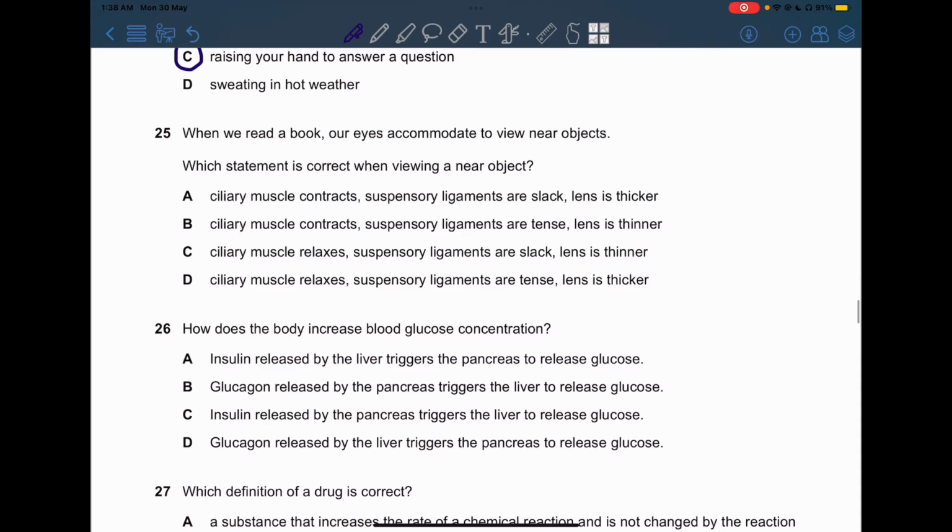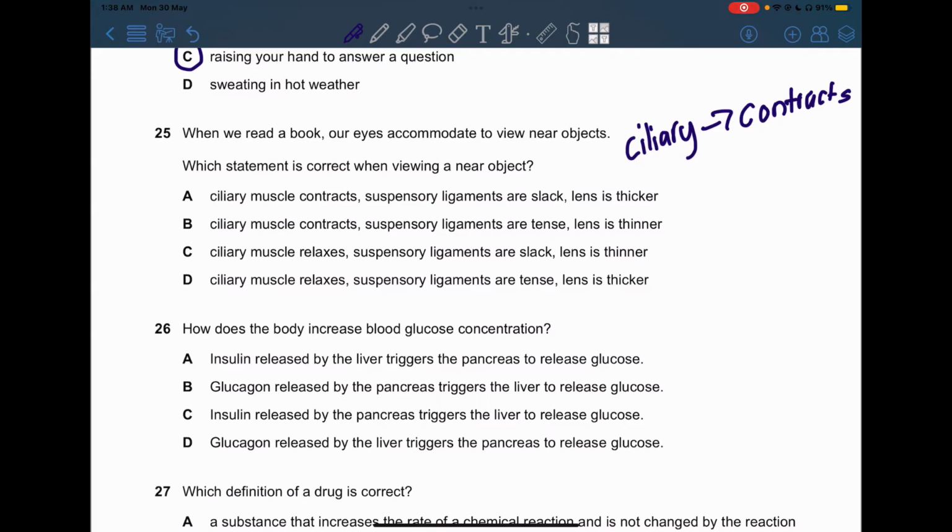25. When we read a book, our eyes accommodate to view near objects. Which statement is correct when viewing a near object? Now we know when we are viewing near objects, the ciliary muscle actually contracts and the suspensory ligaments actually relax, but we're not going to say relax.